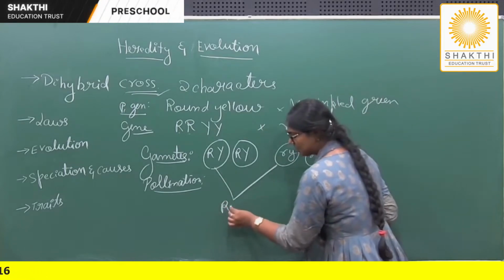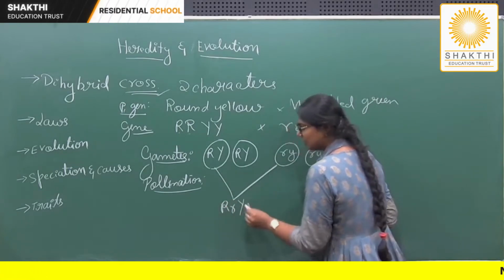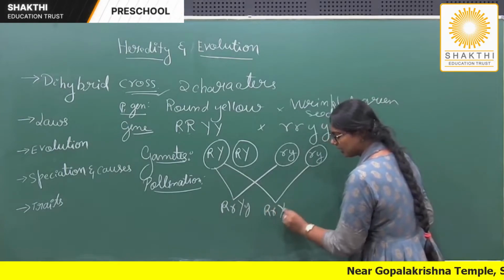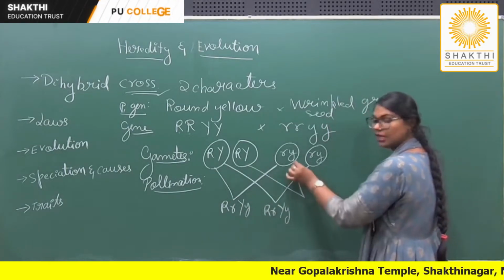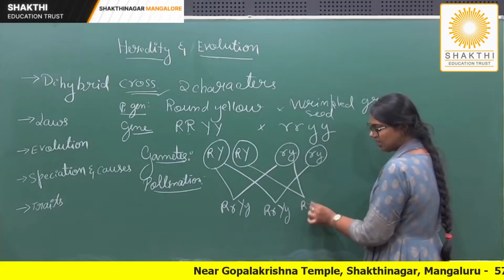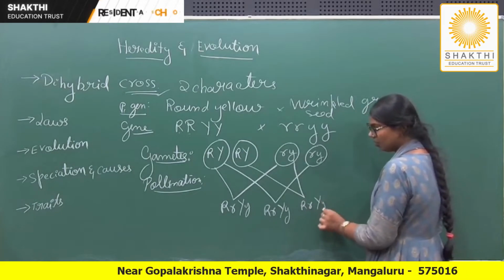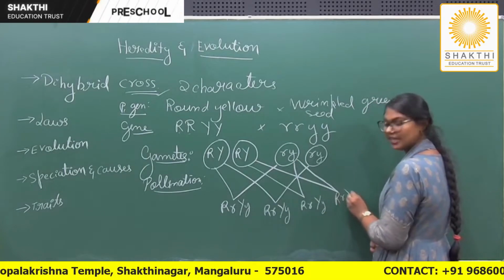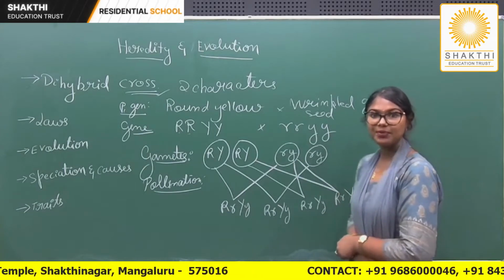Second, we have capital R, capital Y, small y. Third, also we have capital R, capital Y, small y. And the last, we have capital R, capital Y, small y.